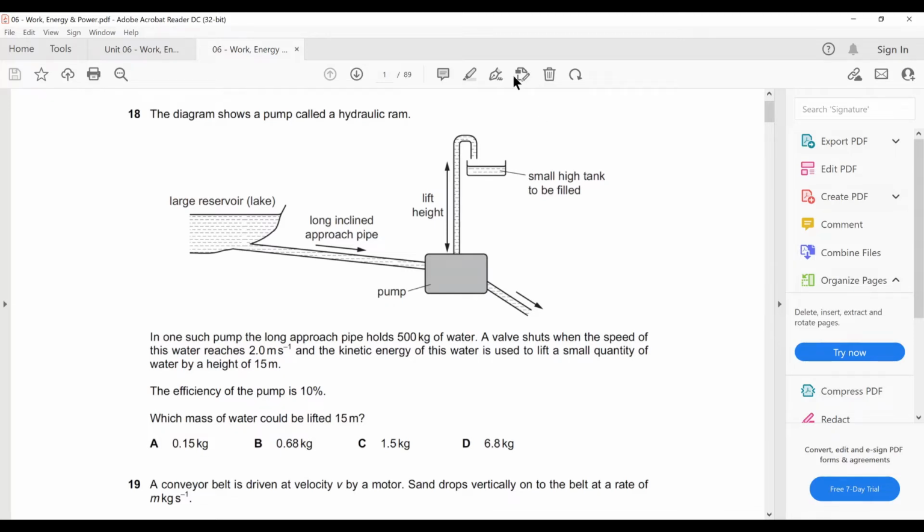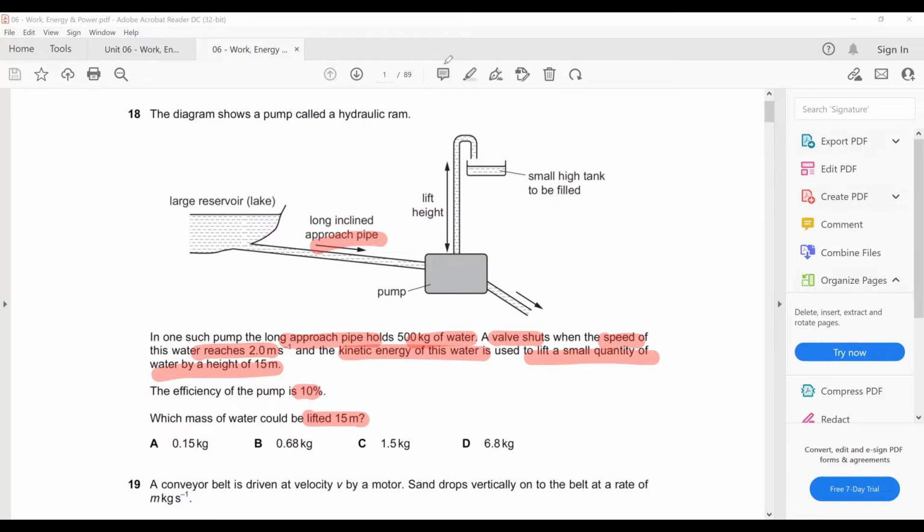The efficiency of the pump is 10%. Which mass of water could be lifted by 15 meters? So your long approach pipe has 500 kg of water. The valve shuts when the speed of the water reaches 2 meters per second. And then the kinetic energy of the water is used to lift out a small quantity of water by a height of 15 meters.